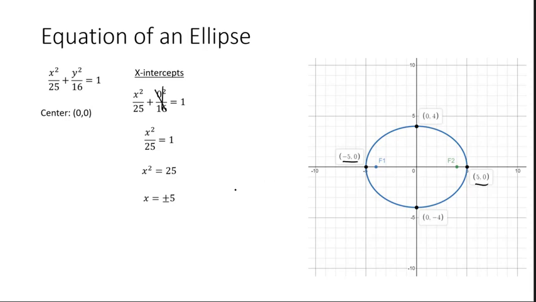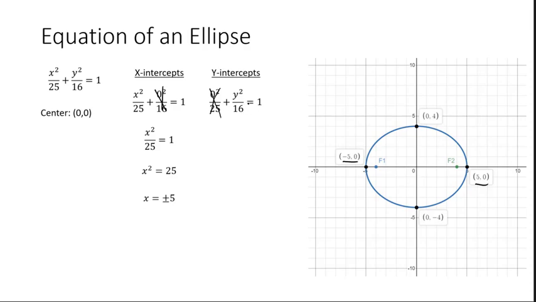We can also go through the same process to find our y-intercepts. Where does it cross the y-axis? Well, to find this, you could plug a 0 in for x. So you have 0 squared over 25 plus y squared over 16 equals 1. So we can then solve this for y. So this first term would cancel out, so we have 0 over 25.